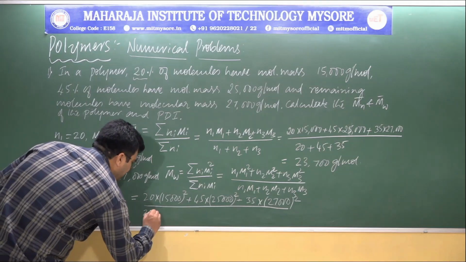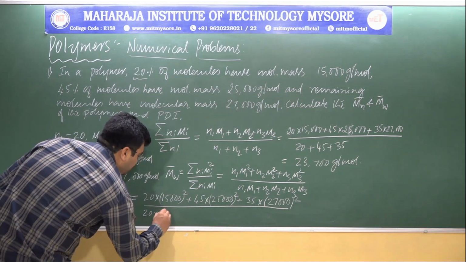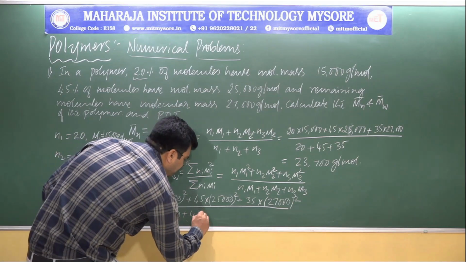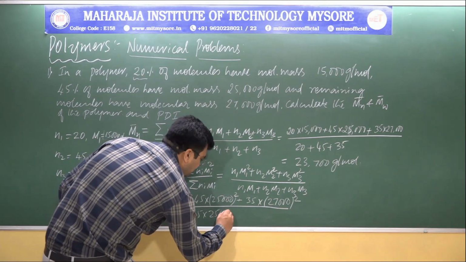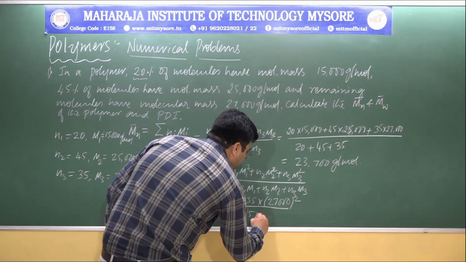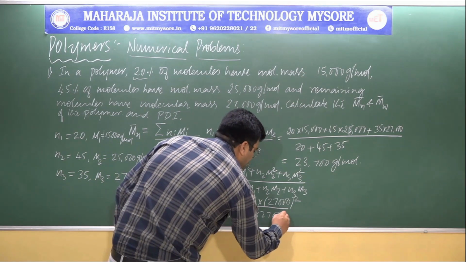That is 20 into 15,000 plus 45 into 25,000 plus 35 into 27,000.